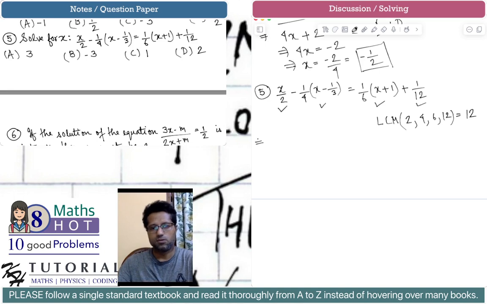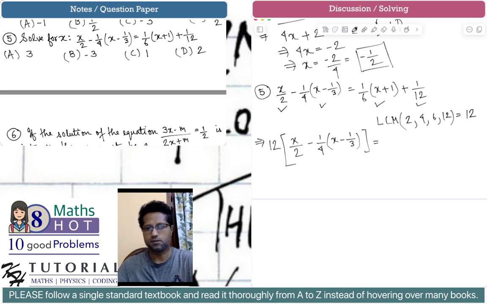Okay, so I will multiply both sides of the equation with 12. The LHS becomes 12 multiplied by x by 2 minus 1 by 4, x minus 1 by 3, and the RHS becomes 12 multiplied by 1 by 6, x plus 1 plus 1 by 12.